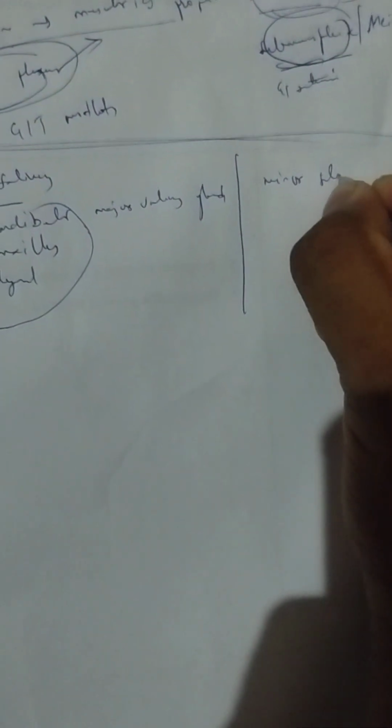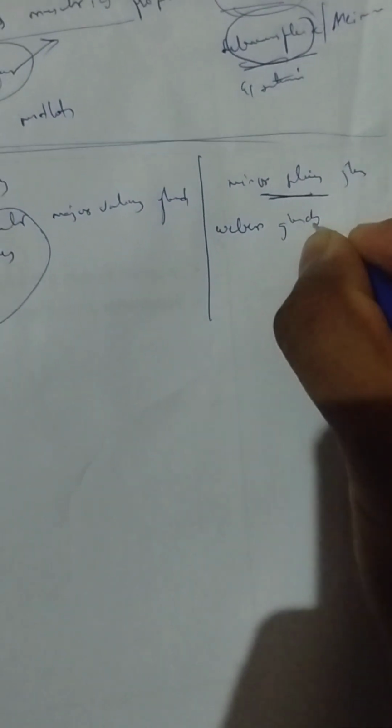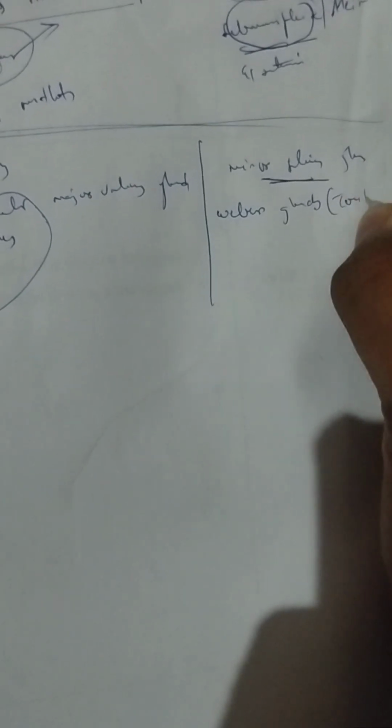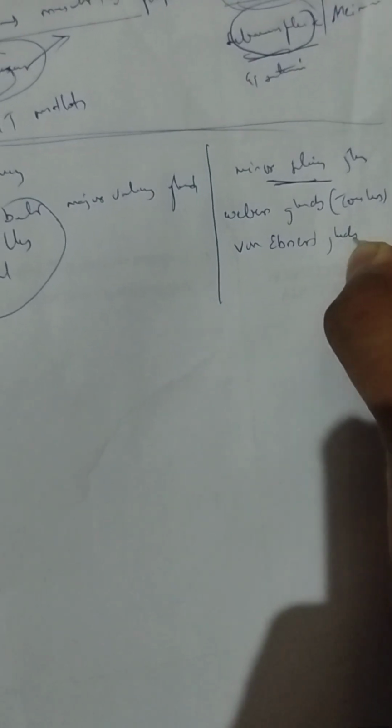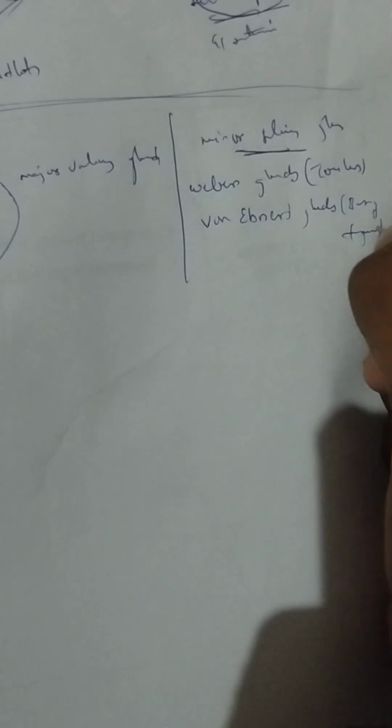We have minor salivary glands also. Those are Weber's glands, which are present in the tonsils, and von Ebner's glands, which are present at the base of the tongue.